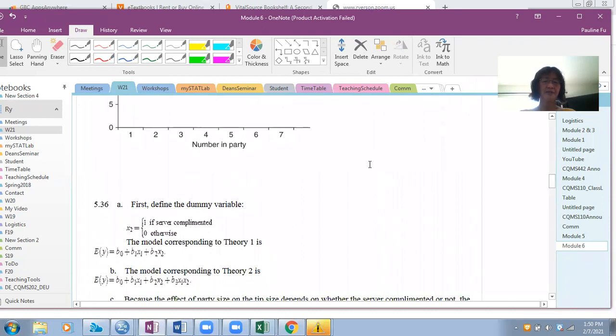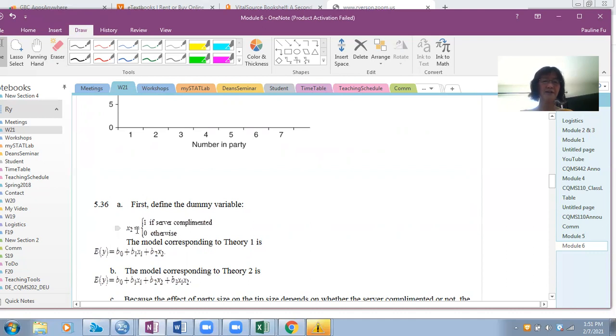Again, whether the server compliments or not, that is a categorical, qualitative variable. So we use a dummy variable. X2 equal to 1 if server complimented, X2 equal to 0 if server does not compliment.